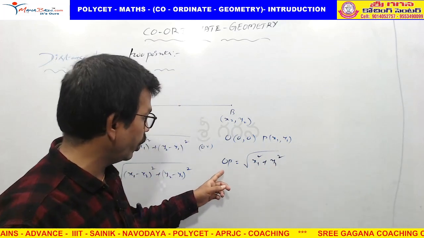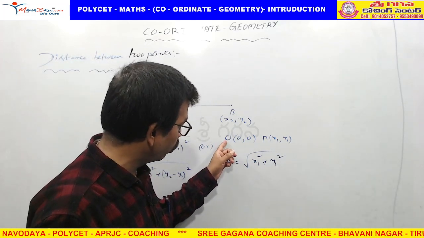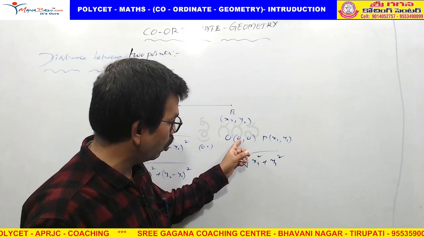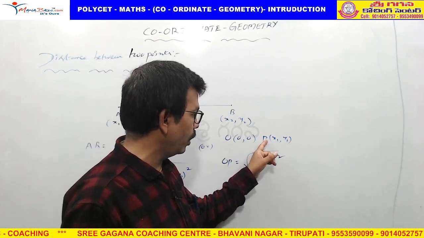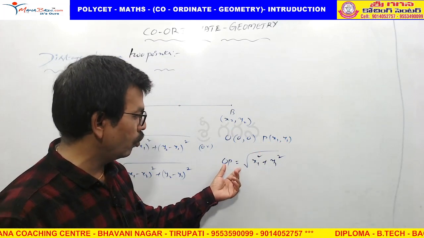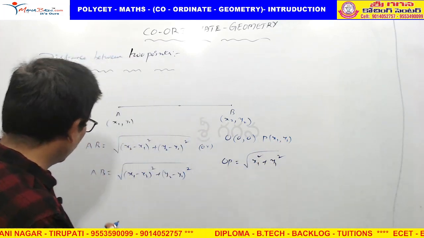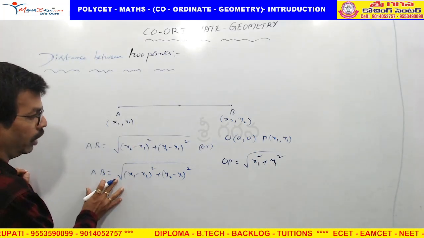When the point goes through the origin 0 comma 0 and you take any one point P, x1 comma y1, that time only you have to apply this formula: OP equals under root of x1 square plus y1 square. Otherwise, if you take two points, you have to apply the other formula.